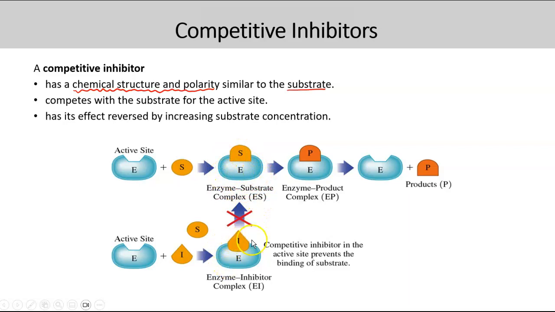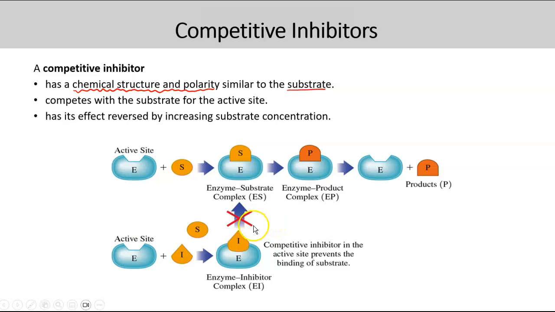Rather, we get the enzyme inhibitor complex, the EI complex. We don't want this EI complex because it will not convert to the enzyme product complex. This is what happens in the presence of competitive inhibition.